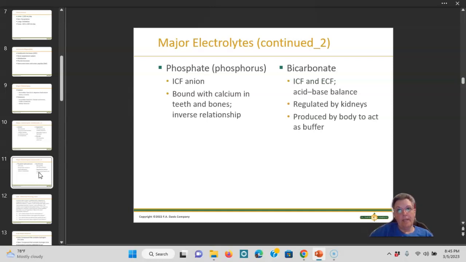Sodium bicarb would be like baking soda. So it's very salty, and it acts as a buffer. So a lot of old people will tell you, oh, just go get me some of that in a water, and I'll take it for an acid. That's the problem. They can throw off their body regulation by drinking too much of that. It does act as a buffer, but it can also throw your pH out of balance.